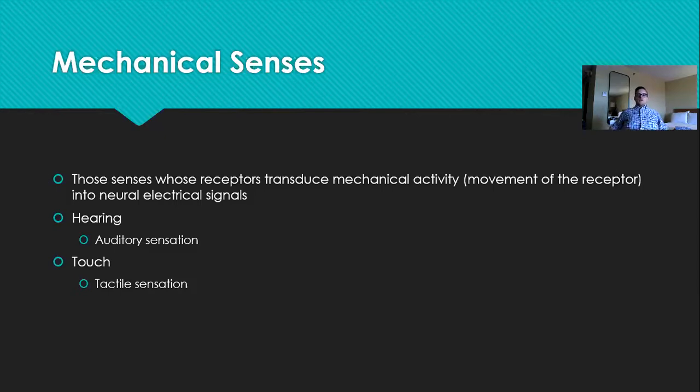So both tactile perception and really the majority of somatic sensation is also a mechanical sensation. But again, here we're just going to focus on hearing, and the videos that I'm going to be posting today are going to only focus on hearing, and then we'll start talking about the other aspects of somatic sensation.